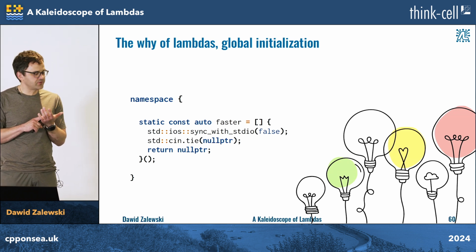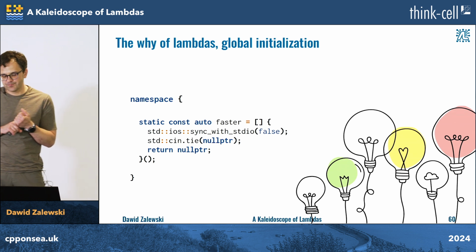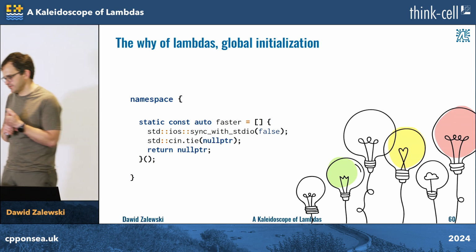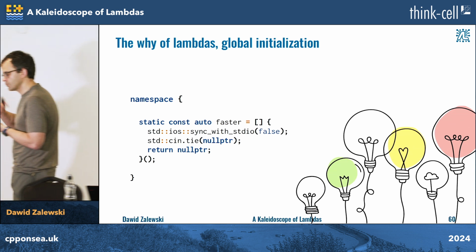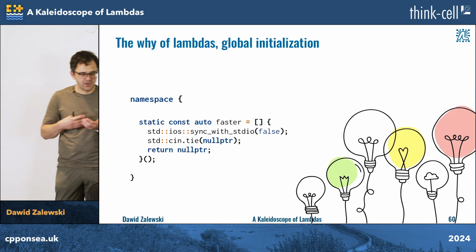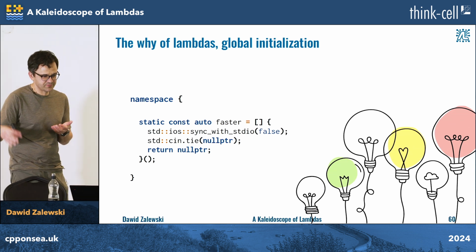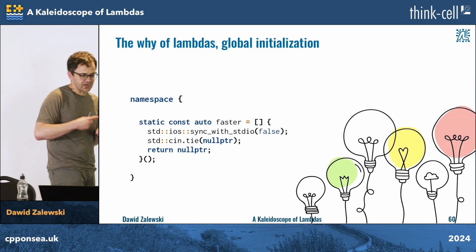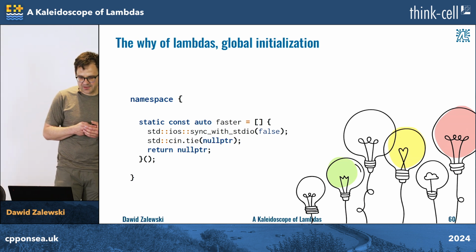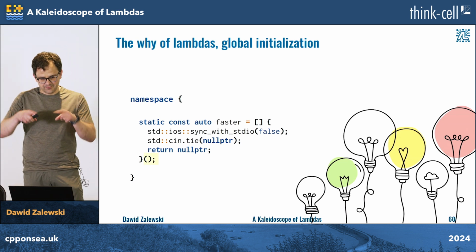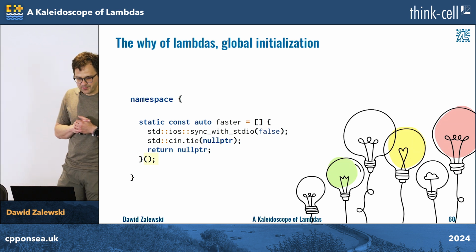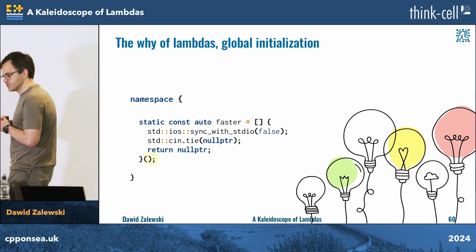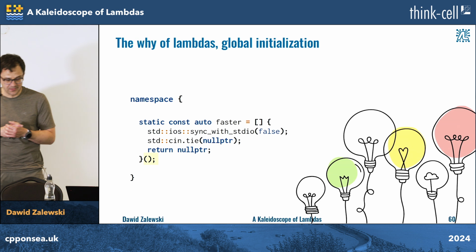The trick with those is to basically write your lambda and call it directly. Calling your lambda directly after you write it is called an immediately invoked function expression, or an immediately invoked lambda. You can recognize it by the tiny little parentheses at the end of the lambda expression. You can see directly that I'm calling it.